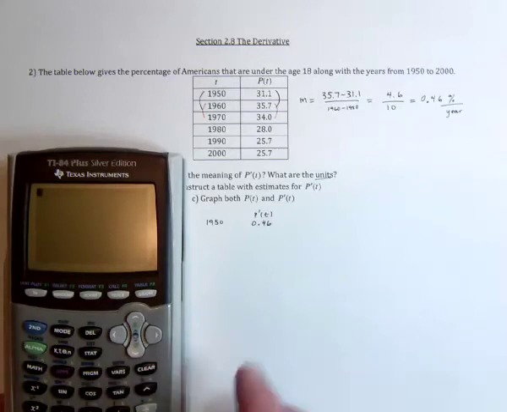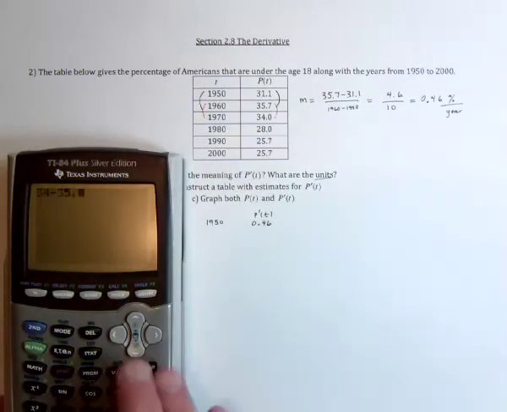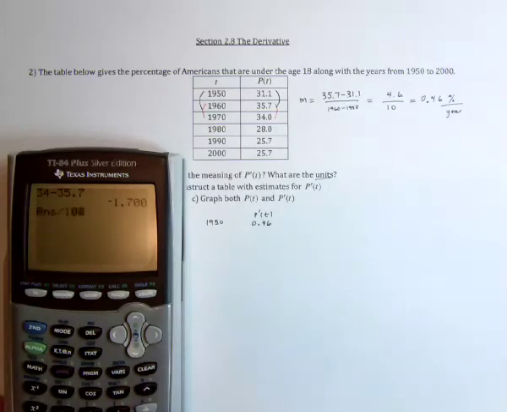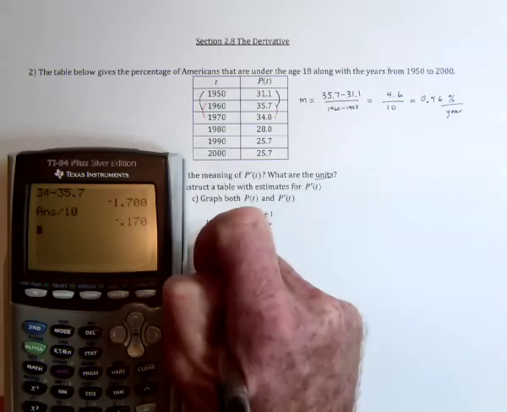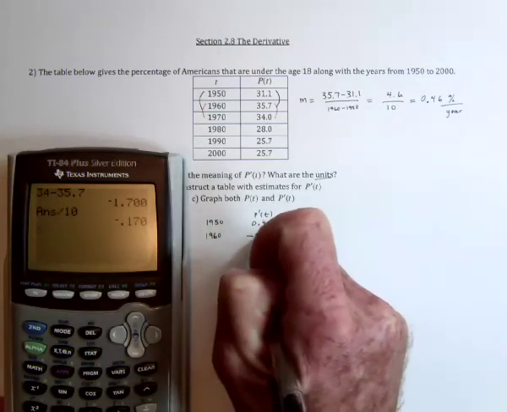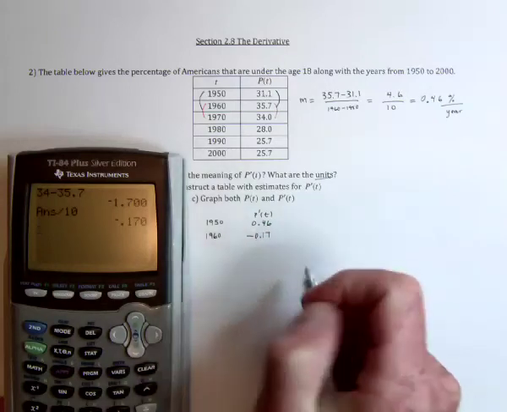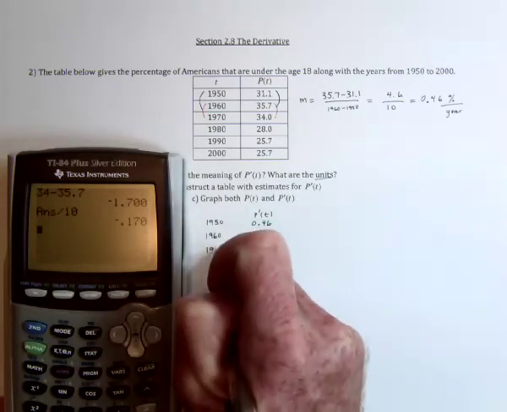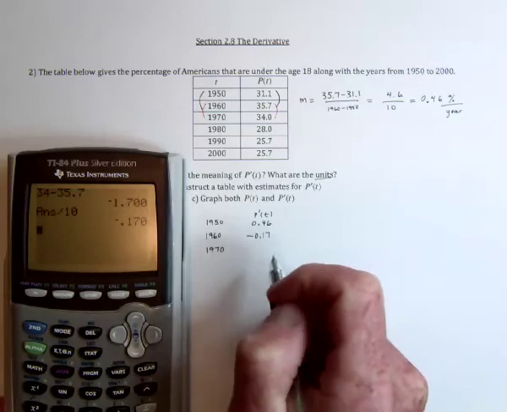So throughout the 1960s, we've got 34 minus 35.7 and then divided by 10. They're all going to be divided by 10. And so then throughout the 1960s, it dropped by 0.17 per year. Next, the 1970s.